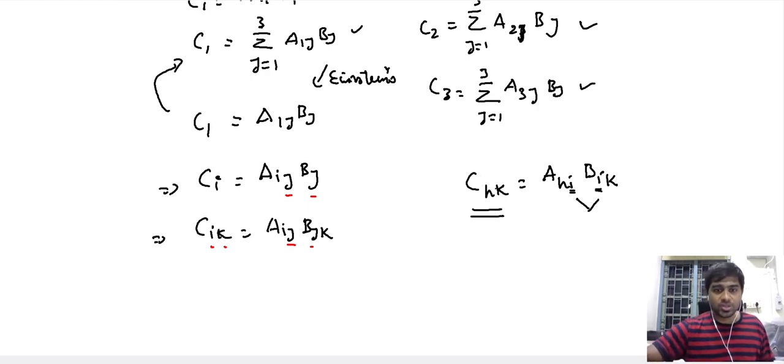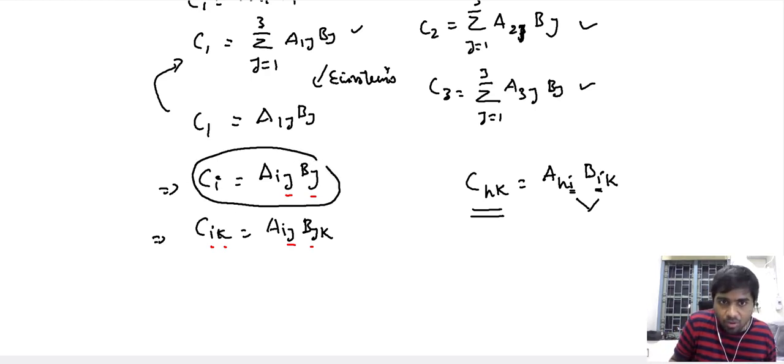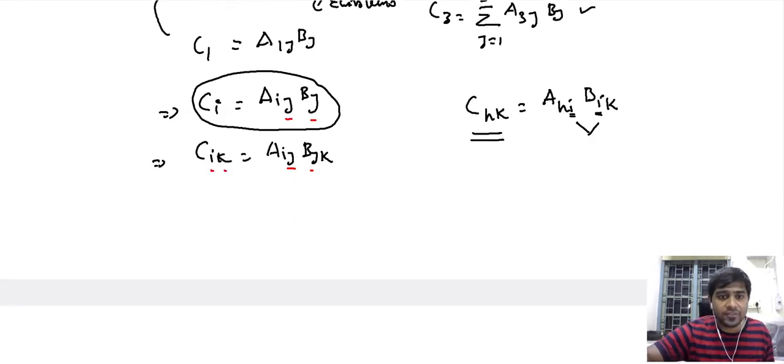Now let us focus on this particular representation of the product of two matrices. One is a 3 cross 3 matrix in our consideration, and the other is a column matrix, and what we get out of it is also a column matrix.